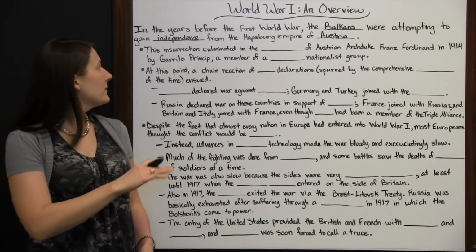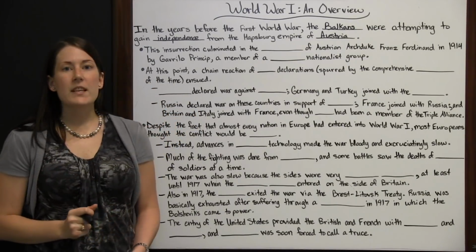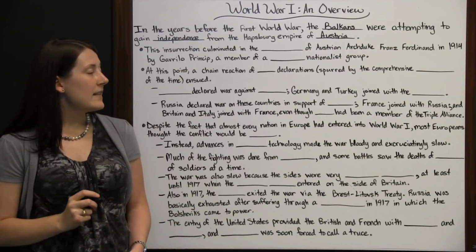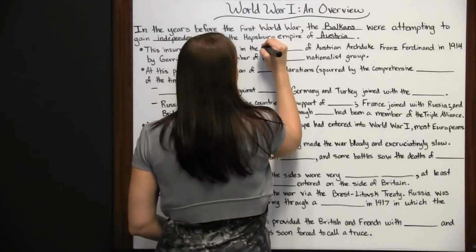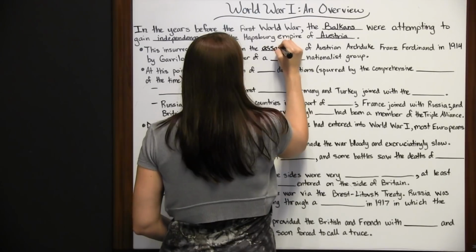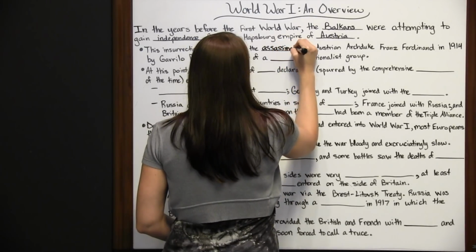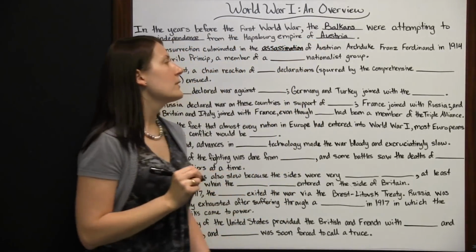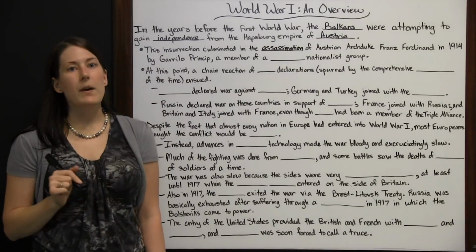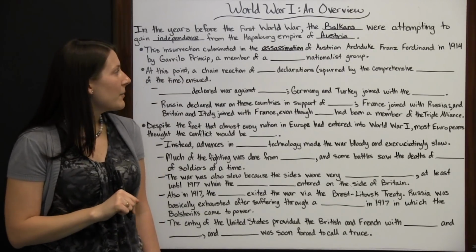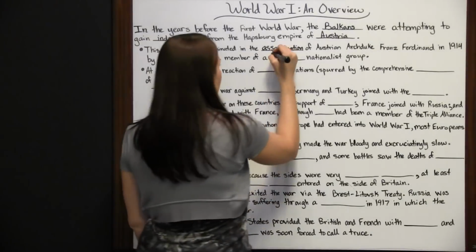The insurrection from this independence movement culminated in the assassination of Austrian Archduke Franz Ferdinand in 1914 by Gavrilo Princip, a member of a Serbian nationalist group.